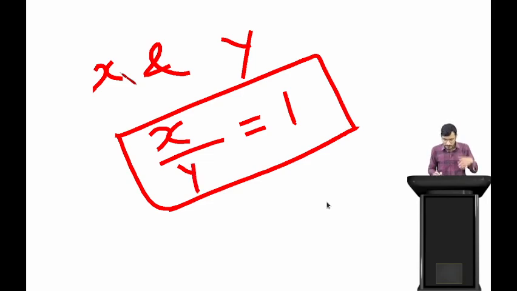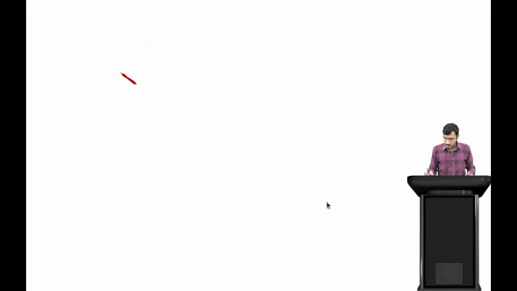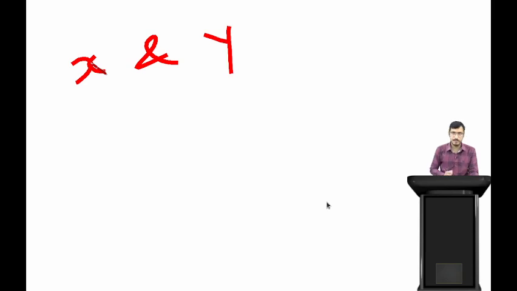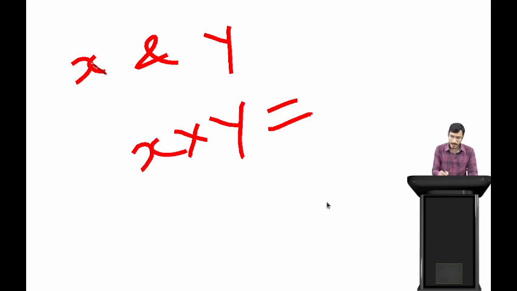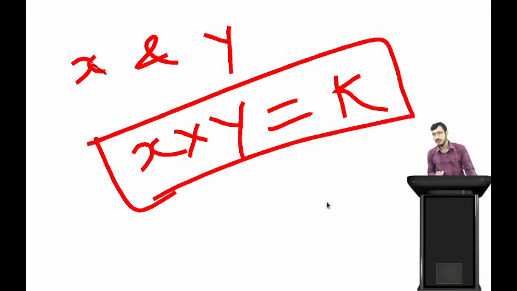For inverse proportion, so x and y are in inverse proportion, that means the product of x and y is equal to k. That means one quantity increases, the other decreases. So the product will be equal to a constant here.